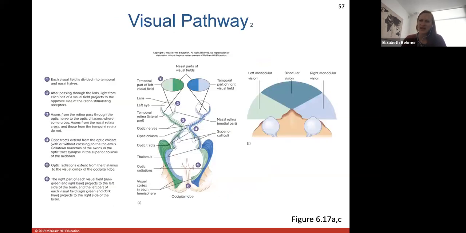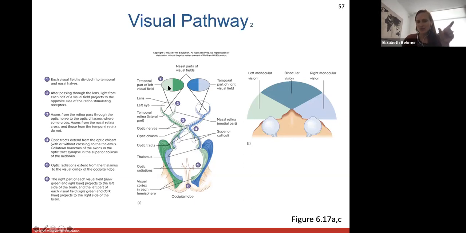So this is just a look at the visual pathway. You don't need to know all the steps of this, but I like to talk through this pathway just to show you that, from your right and left eye, you have different vision fields, and you can see those vision fields shaded different colors, and then follow the shading of that color up the specific pathway.